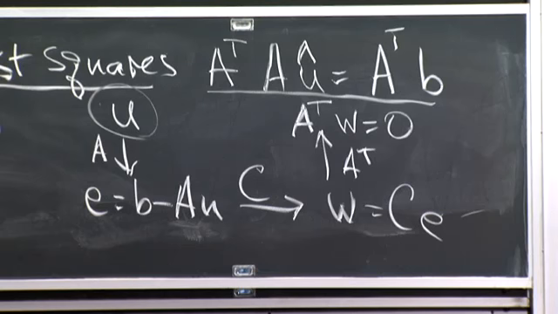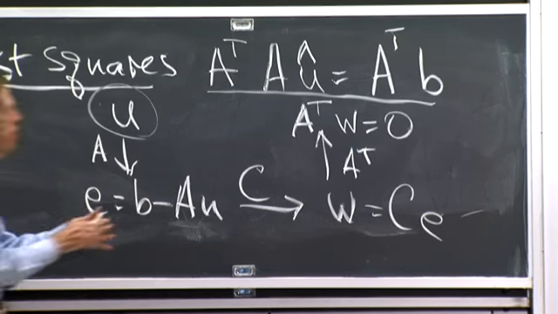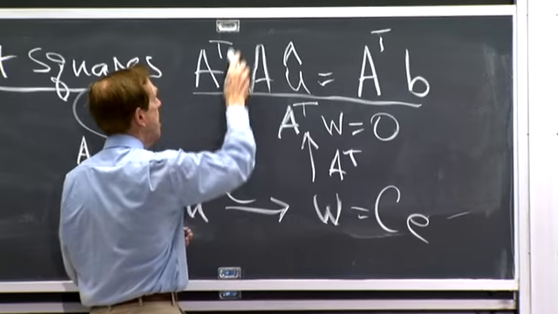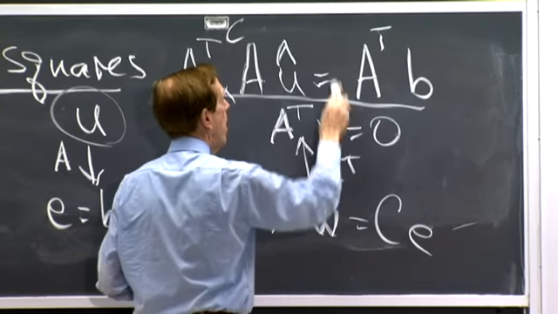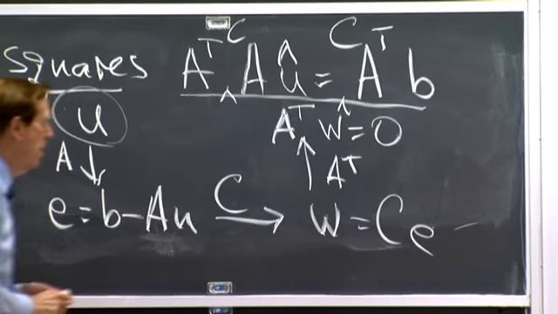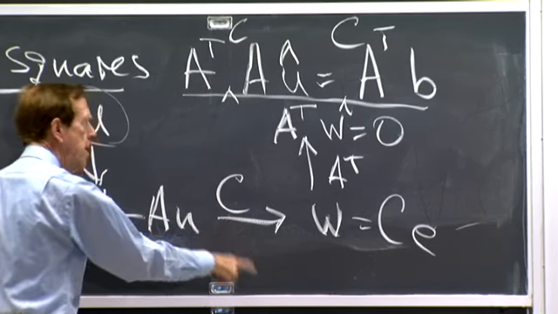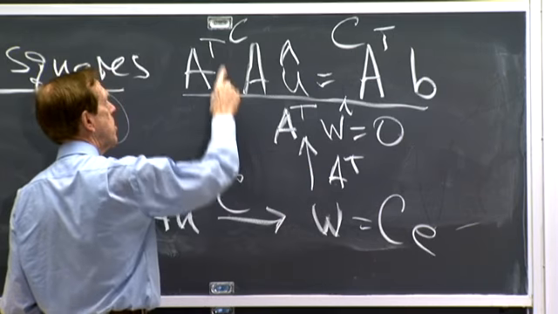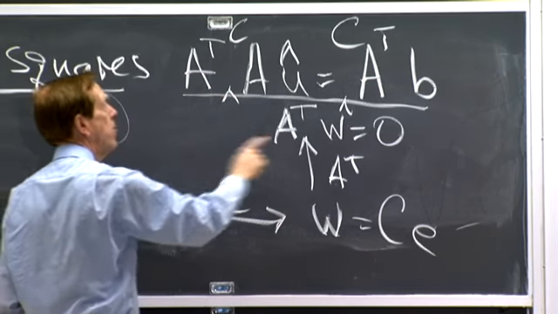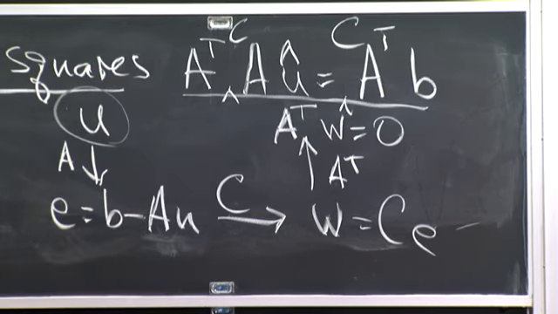That this was the picture. This is the equation. If I had a matrix C, it would go there and there, right? Because I'd have B minus AU, and then I'd apply C before A transpose. So C would slip in there before A transpose on both sides. So with the C's there, that would be the weighted least squares equation.